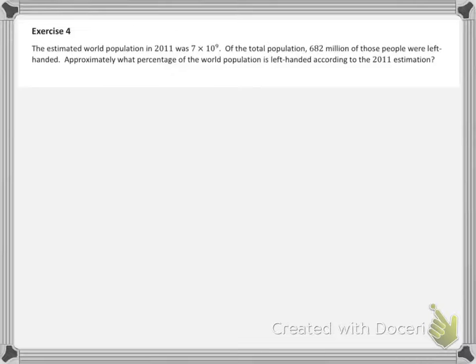First of all, let's take this left-handed population, 682 million, and since they use the word approximately, we're going to round that up to the next power of 10. So let's say that instead of 682 million, we're going to say 700 million.